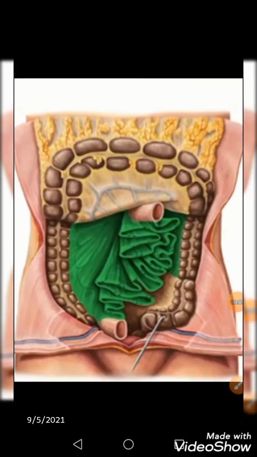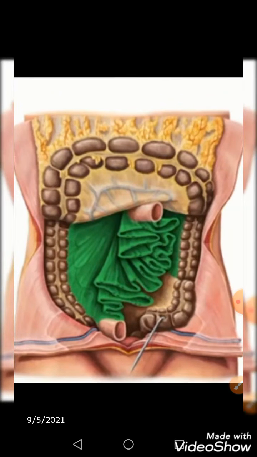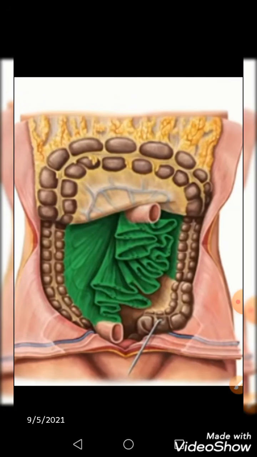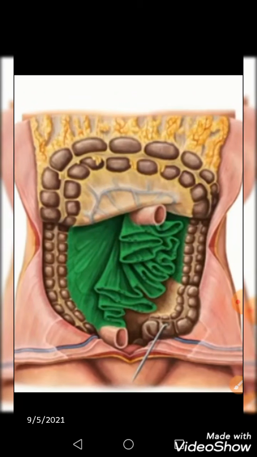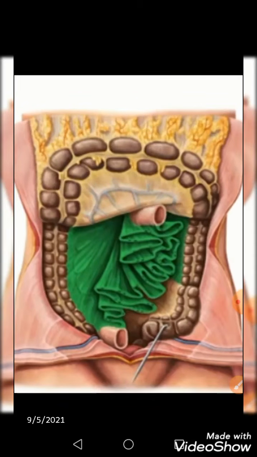Now here you are looking at the mesentery. Its free border is being shown, which is almost 6 to 7 meters long and is attached to the coils of the small intestine. And the root of the mesentery, we have already discussed its extent and its attachment. The free border of the mesentery is formed by the visceral peritoneum that behaves as a serous coat.